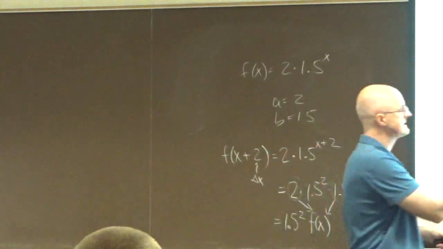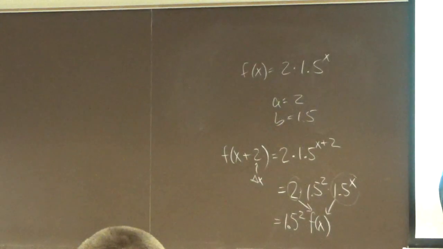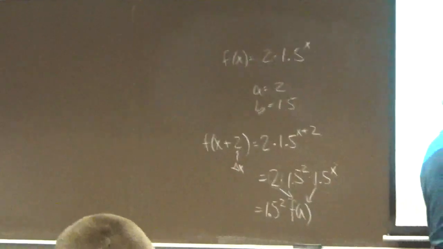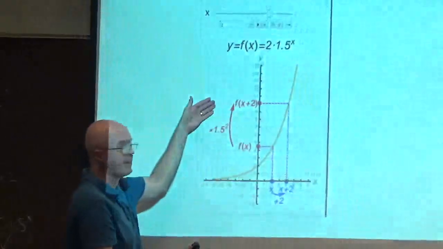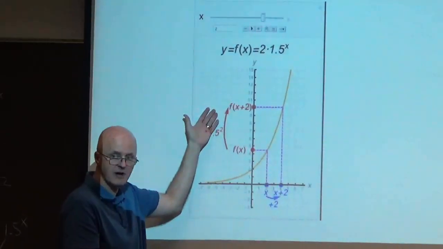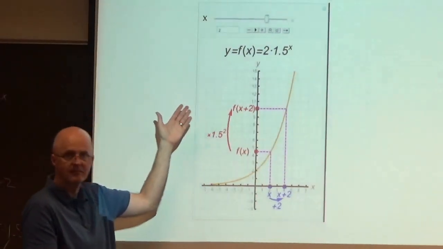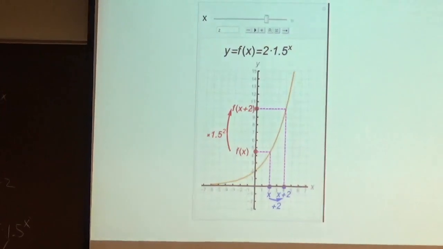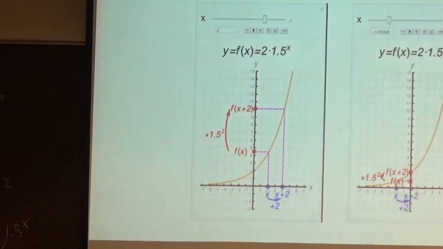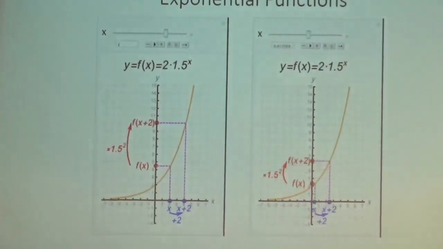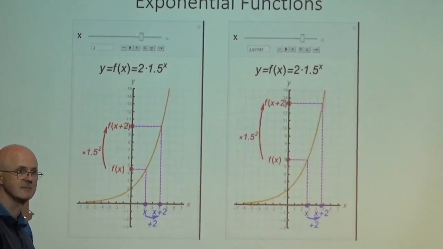If I increase the input by 2, if I add 2 to it, the output gets multiplied by 1.5 squared, which is 2.25. And when you animate it, all that's doing is emphasizing it doesn't matter what x is.